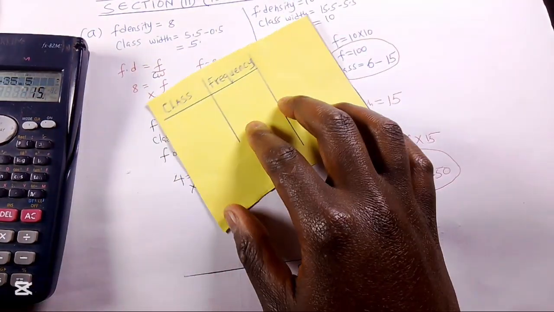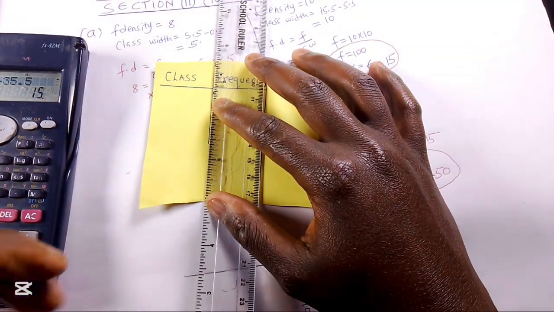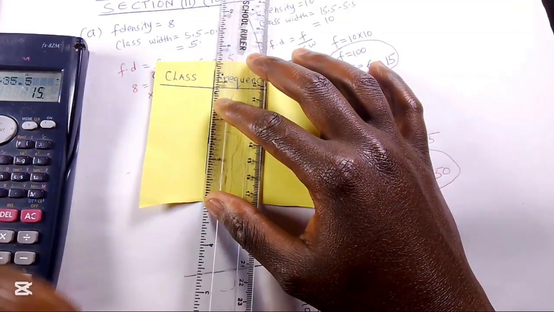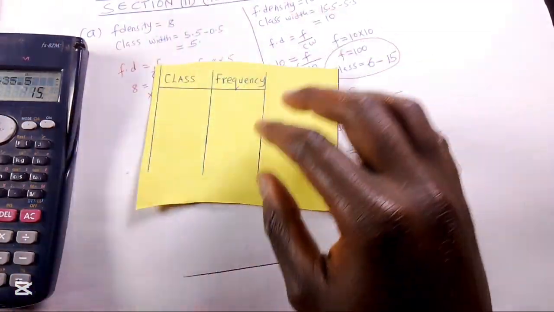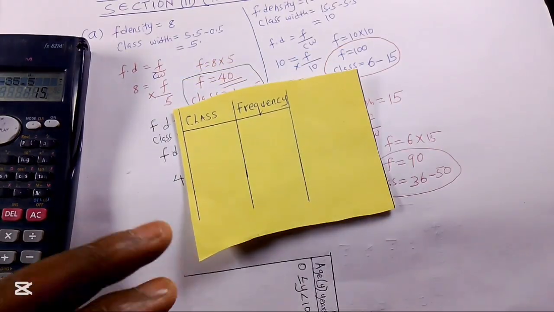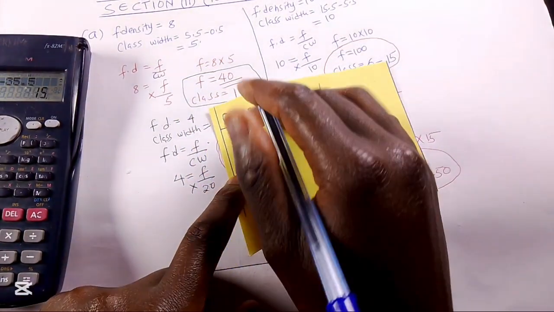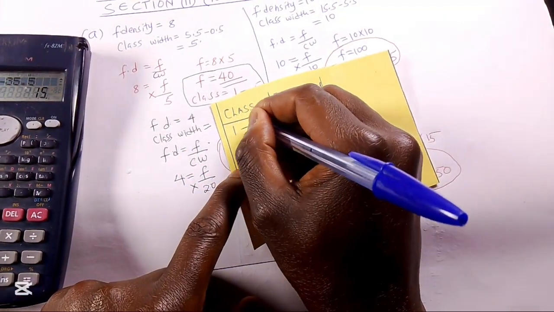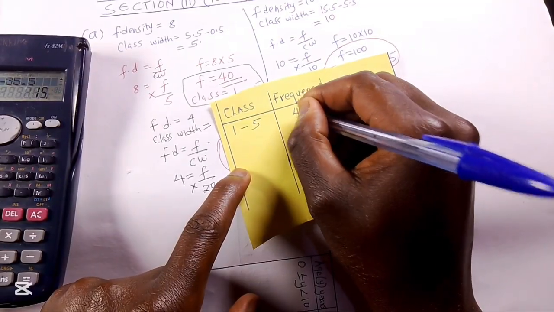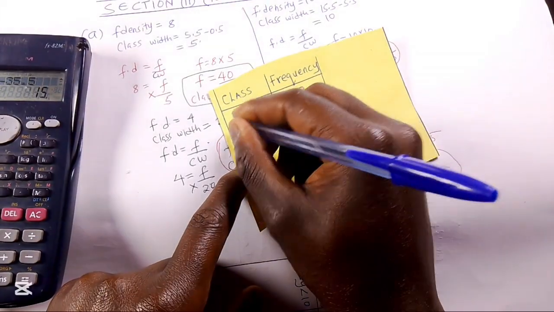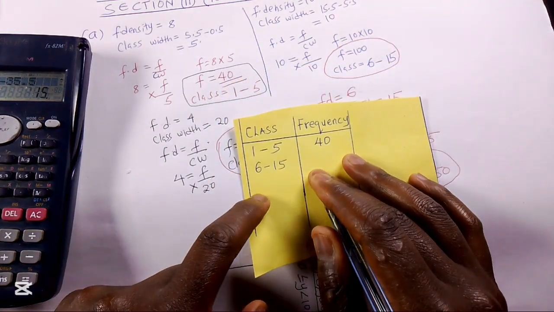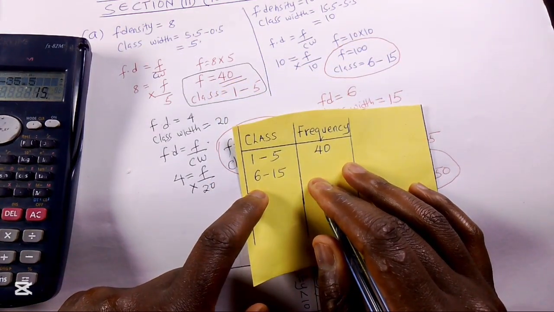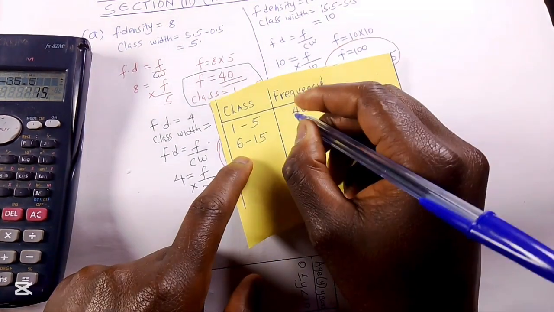This is what we call a frequency distribution table. The table starts from class 1 to 5 with a frequency of 40, then 6 to 15 with a frequency of 100.